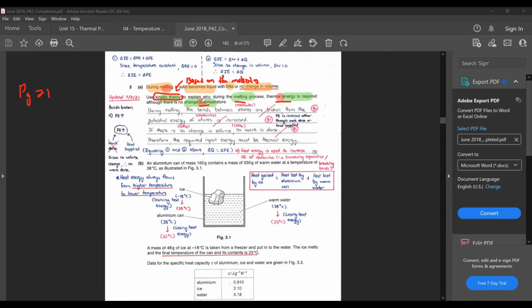There's a common misconception among students that if you supply heat energy, temperature must change. This is not true. When you're melting an object, you're supplying heat, but when it melts at its melting point, the temperature remains constant, isn't it?